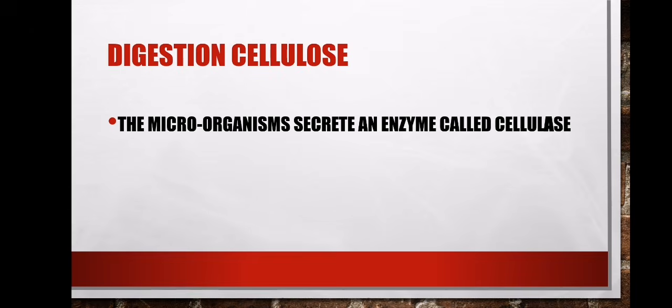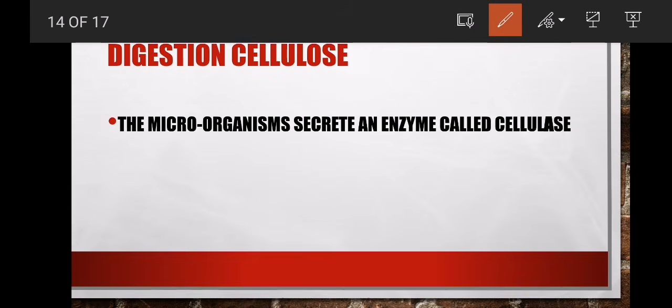When cellulose is digested, it will be digested into different products. The first thing I want you to notice is that the microorganisms will secrete an enzyme which is called cellulase.